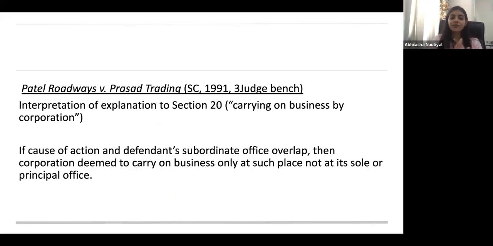If the defendant is a corporation and you're going for carrying on business via the corporation, and there is an overlap between the cause of action and the defendant corporation's subordinate office, then the court will always have jurisdiction at that place of overlap, and the sole or principal office of the corporation will be ousted for the purpose of jurisdiction. This is the interpretation that Patel Roadways has made of the explanation to Section 20 of the CPC.